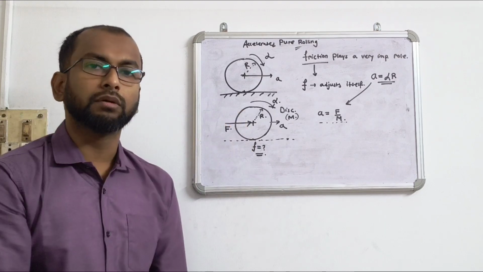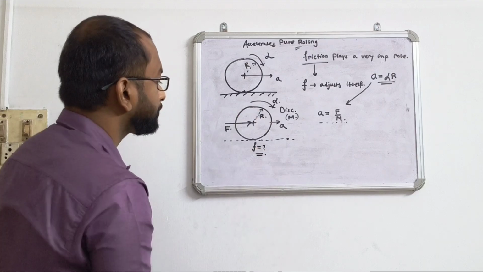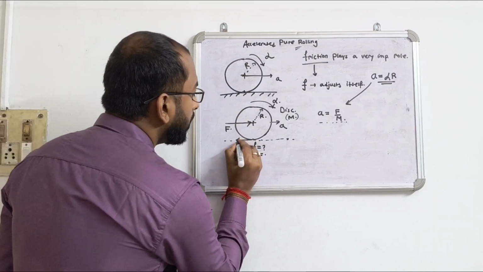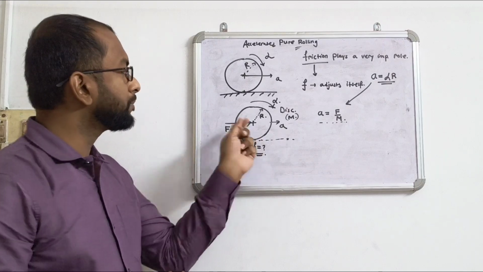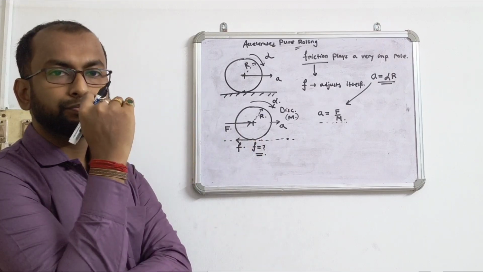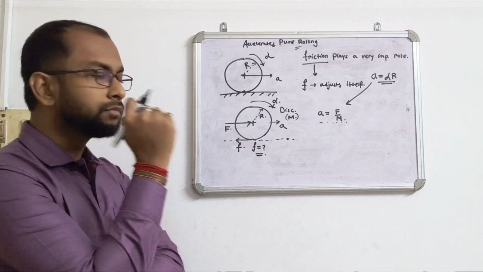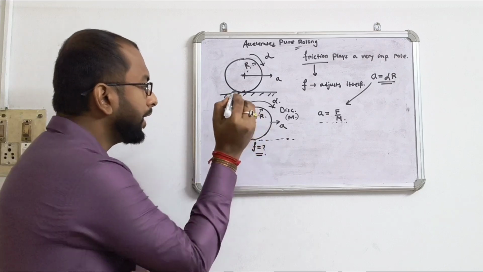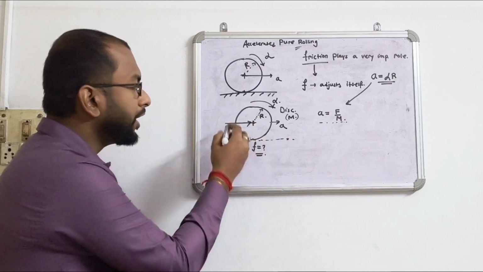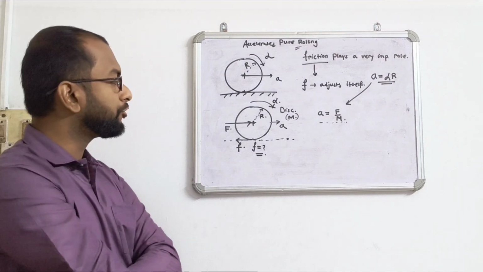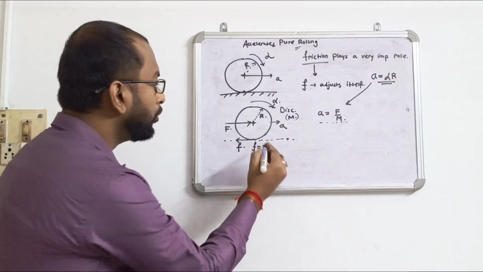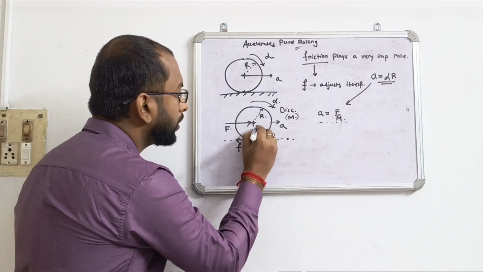That time the friction comes. The friction will adjust itself in the backward direction of this particular disc. In this case, with respect to the center, this friction is providing the clockwise torque to make it rotate with angular acceleration alpha. What is the amount of that torque?